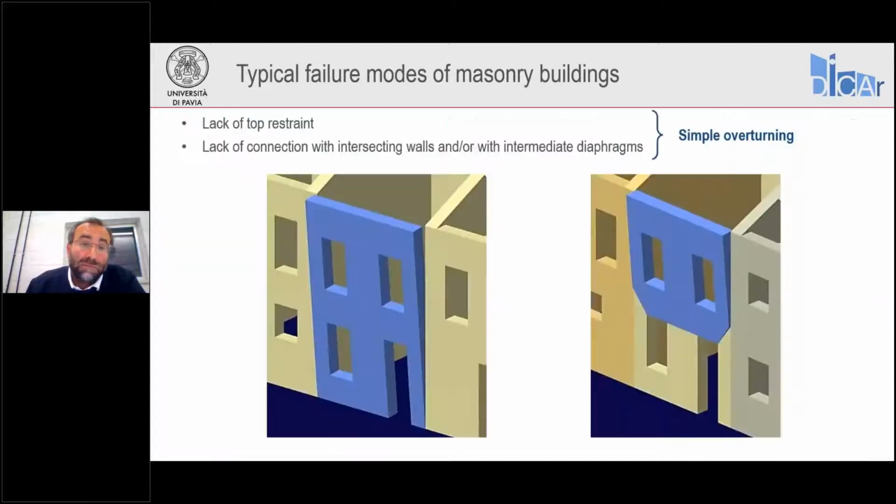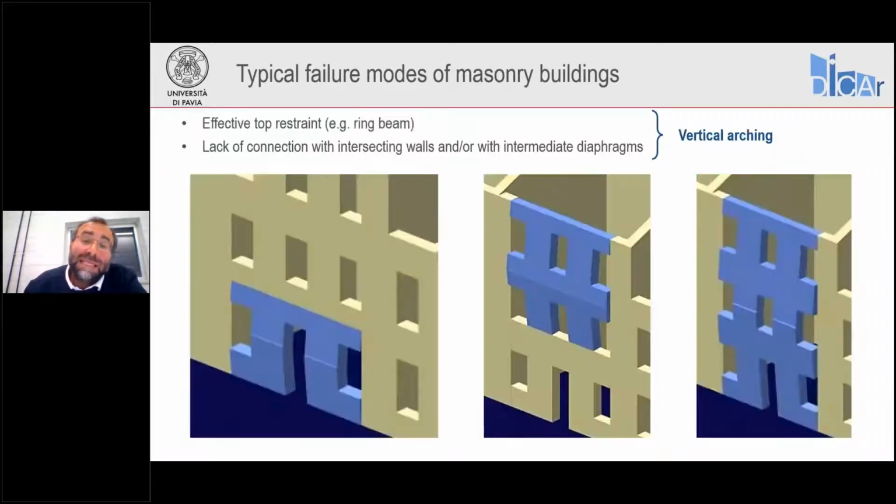Now, depending on how connected walls are among each other and with floor and roof diaphragms, we can develop different overturning local mechanisms. If we have poor connections with both intersecting walls and slabs, diaphragms in floors and roofs, then we may develop a simple overturning mechanism where a wall, usually a facade, detach from the other elements and tend to rotate out of its plane and fall down.